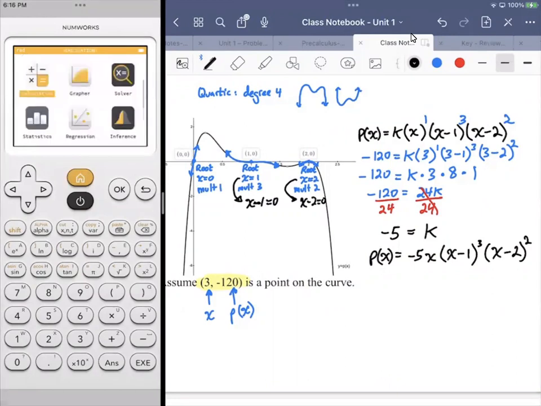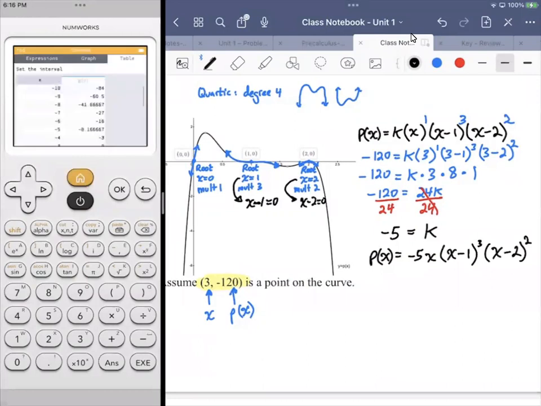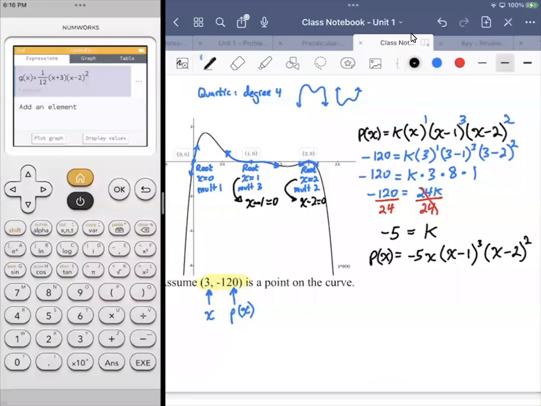So, grapher, go to expressions. Let's see. I guess I could use this template, I don't really need it though. I'll just change this one.